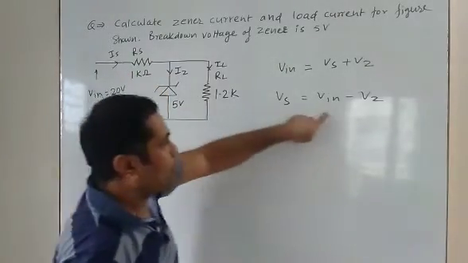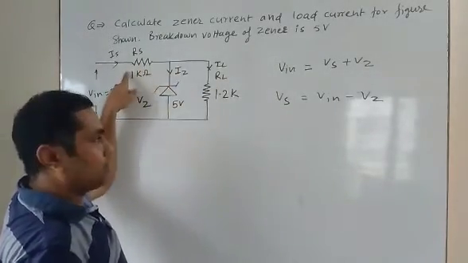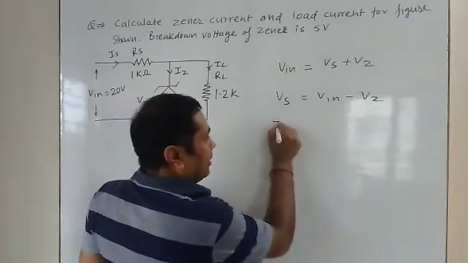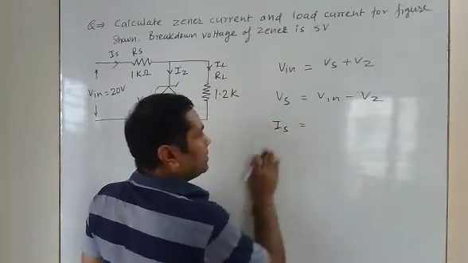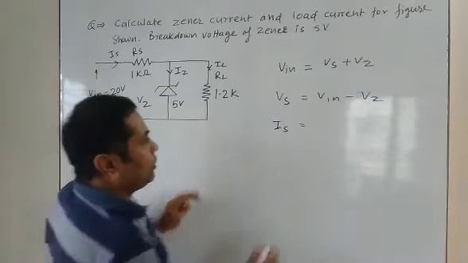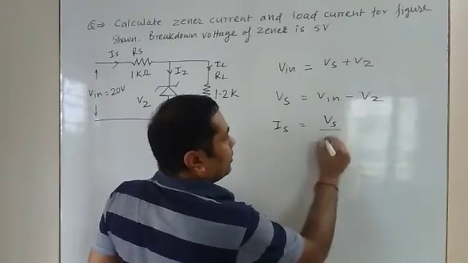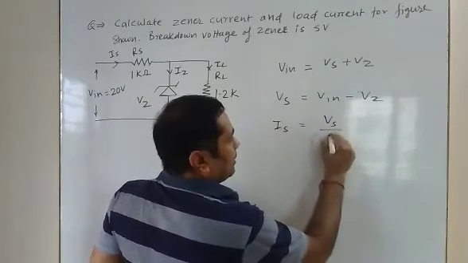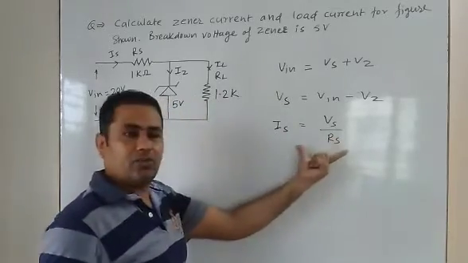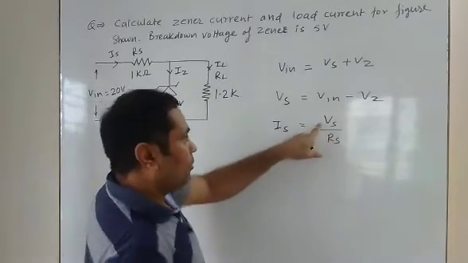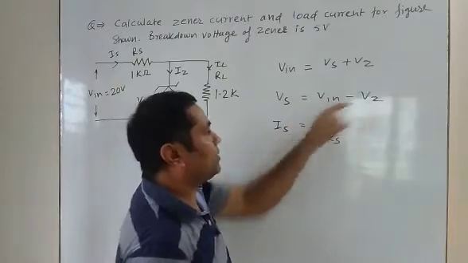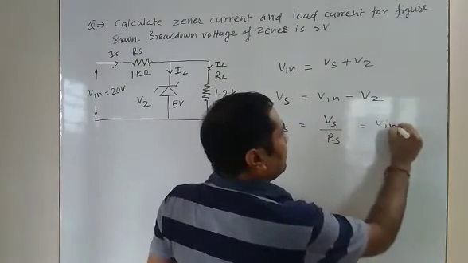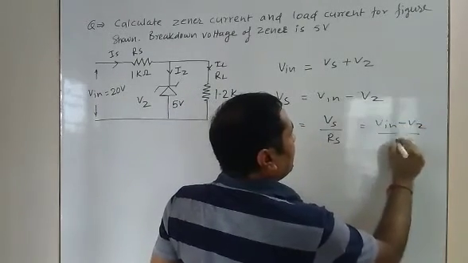So this is the formula to calculate the voltage across the resistor. Now what will be the current in the resistor? Let the current be Is, and that is equal to Vs upon the resistor. Ohm's law is used here, V upon R. What is Vs? Vs is Vin minus Vz. So it will be equal to Vin minus Vz upon Rs.